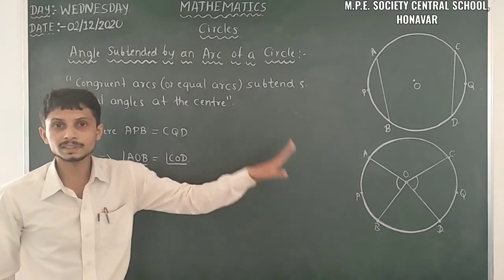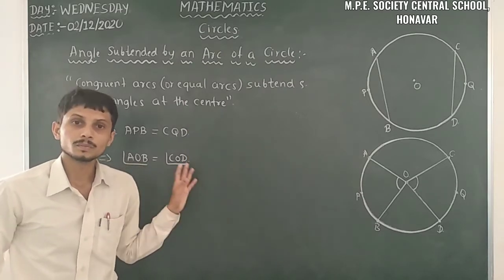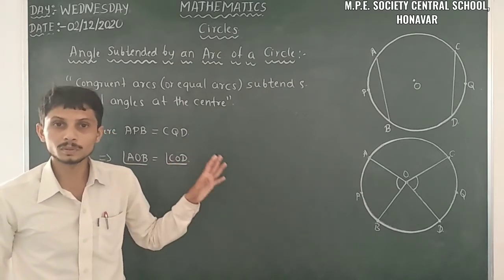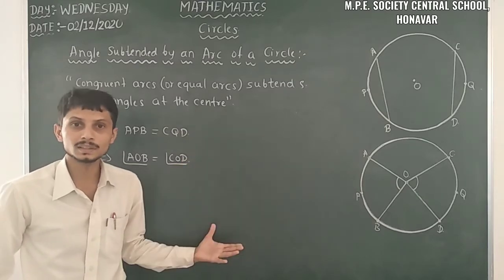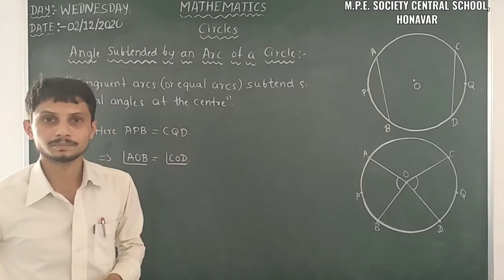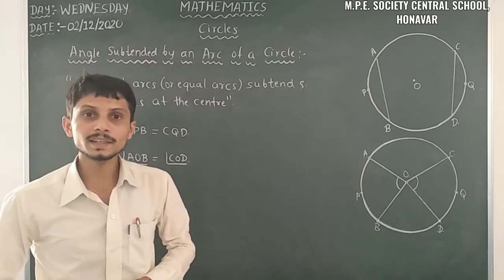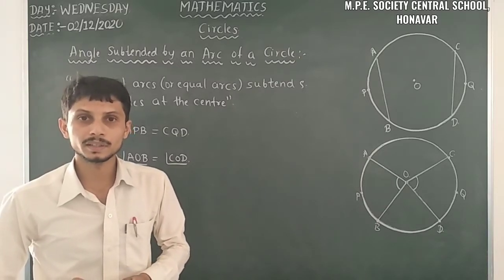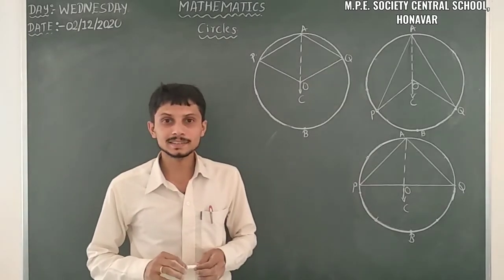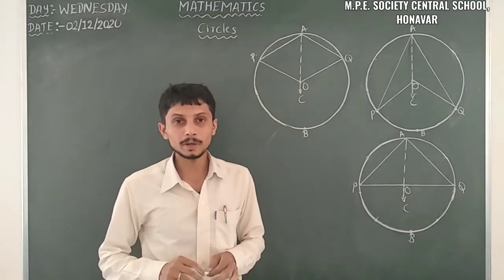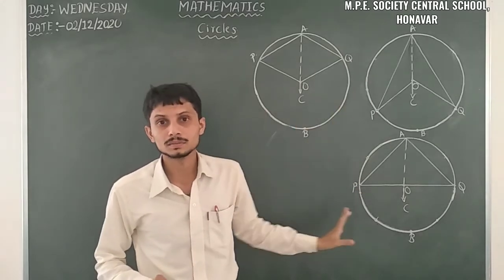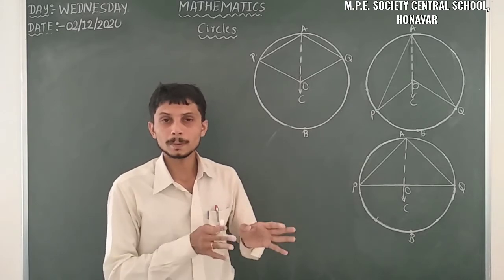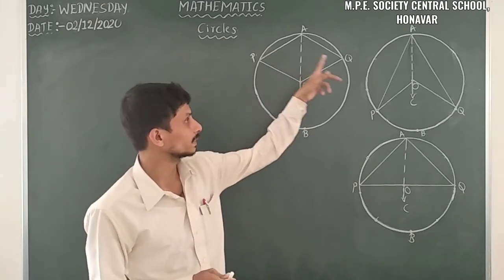With the help of these things we have to prove some of the theorems, and we have to solve some of the problems based on this assumption. So let us take theorem 10.8. Here I have considered three different circles. Just observe, we have the same coordinates.